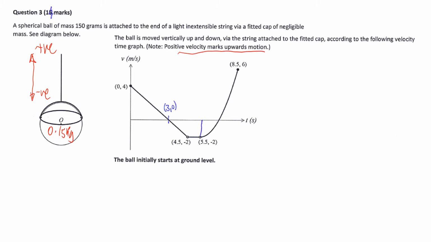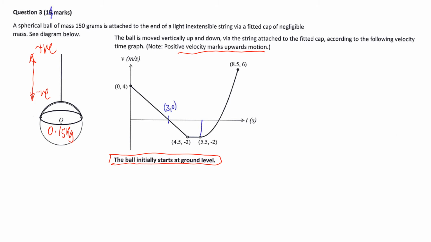The ball is moved up and down via the string attached to the fitted cap according to the velocity-time graph. Now when you're in your reading time, you should be able to look at a graph like that. And here's an important part as well: the ball initially starts at ground level. So when t equals 0, it's actually at ground level, and therefore the graph starts to make sense.